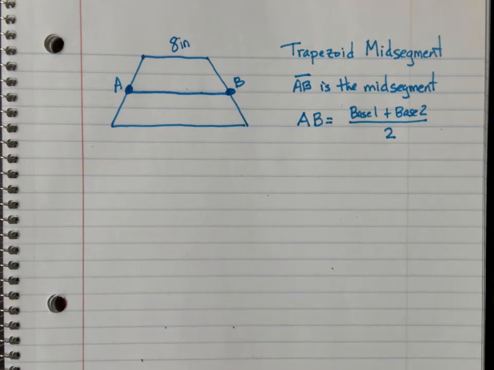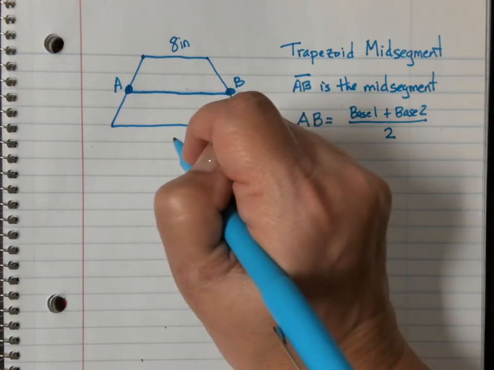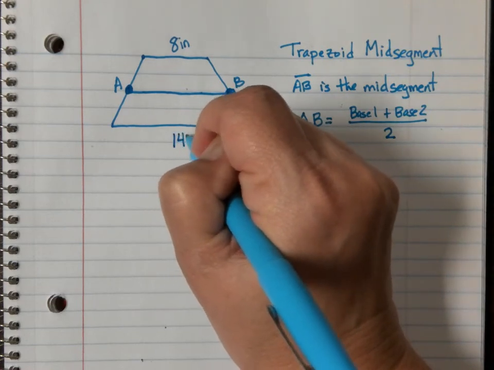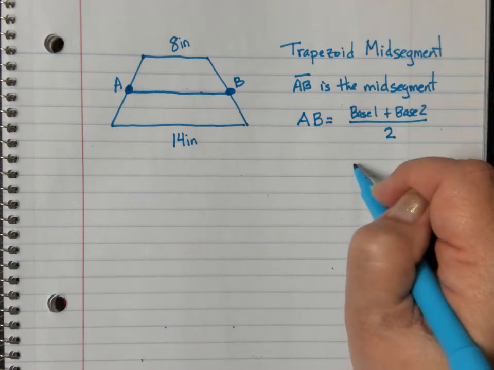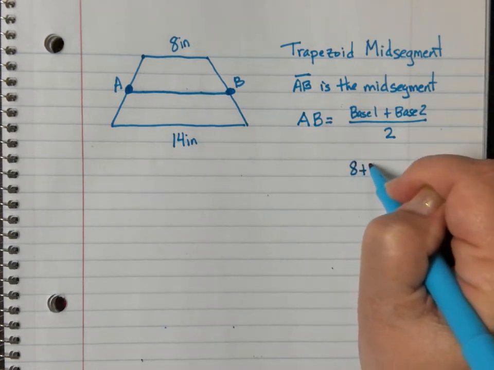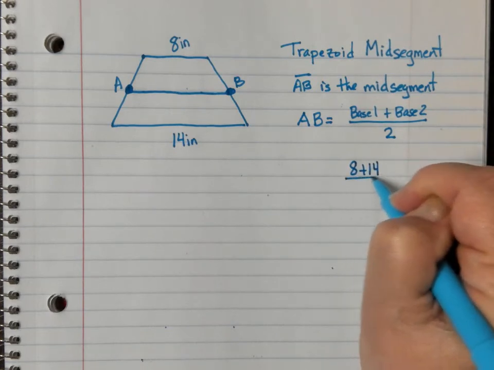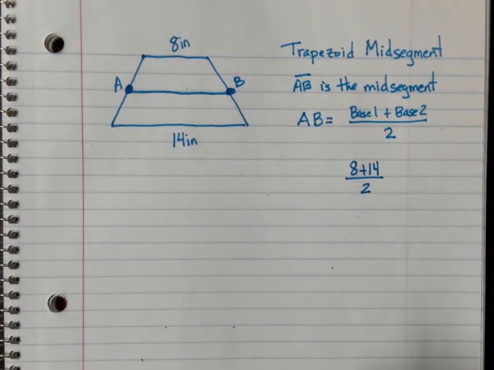If that's 8 inches, and down here this is 14 inches, and I wanted to find AB, I just do 8 plus 14, and then I divide that answer by 2.